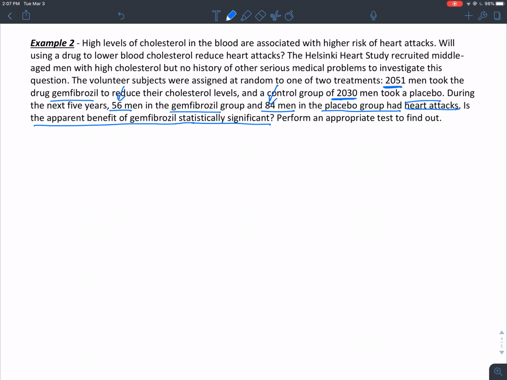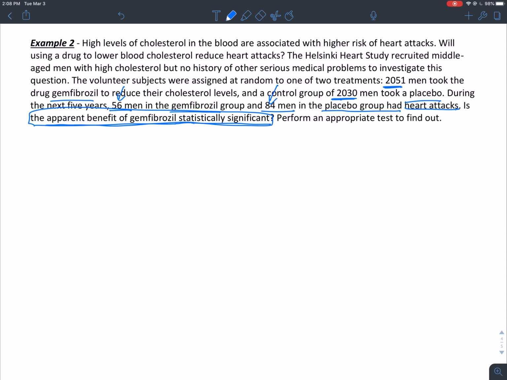So this is different. Is the apparent benefit of gemfibrozil statistically significant? This suggests: is the population proportion of men who take the drug actually less than the population proportion of men who don't take the drug?